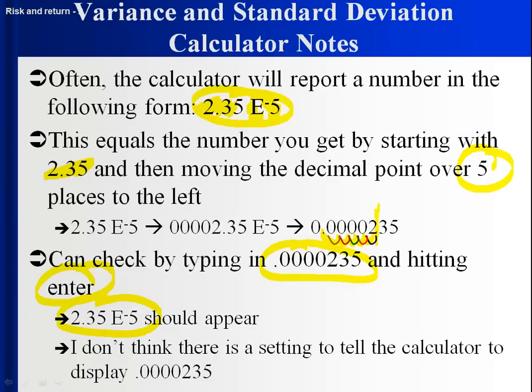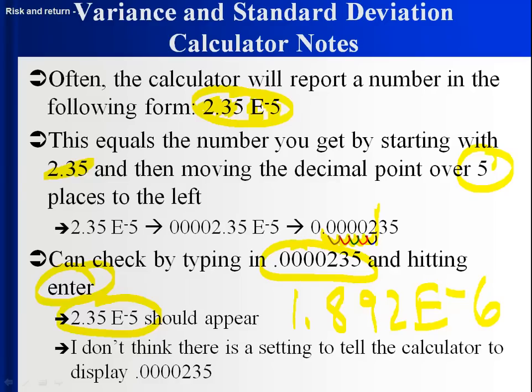So let's say you get a number like 1.892 e to the -6, and you want to work with that. But it's hard to work with that, so you come up with what you think it is. You can then type that in the calculator and hit enter, and if 1.892 e -6 comes up, the number you think it is is the right one.